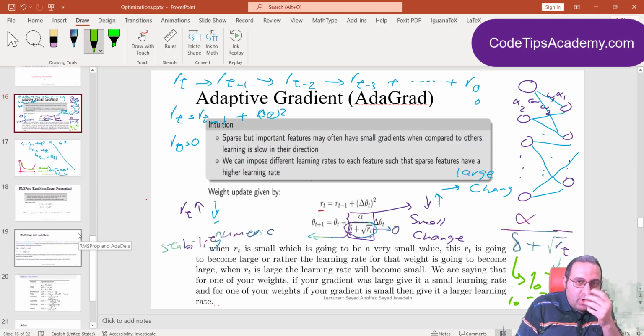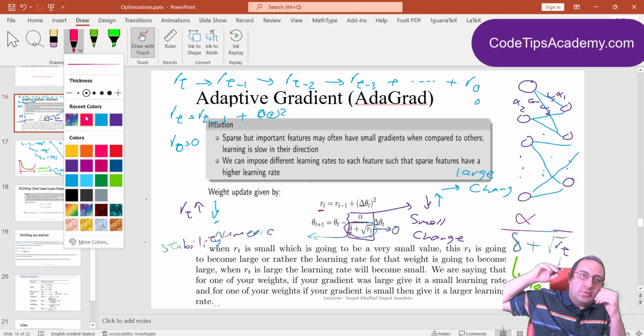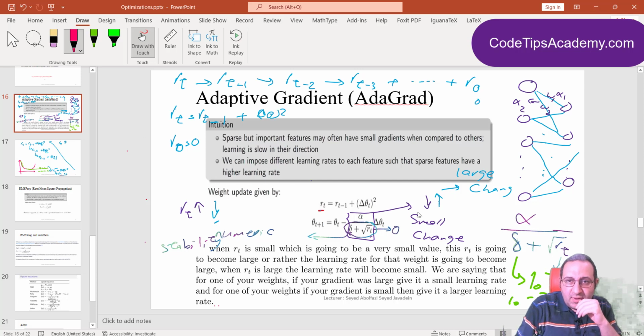But there is a problem for adaptive gradient. What we can see here in the adaptive gradient is that as we go forward to the global minimum, closer and closer to the global minimum, RT will be larger and larger.